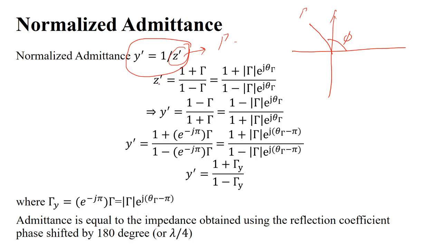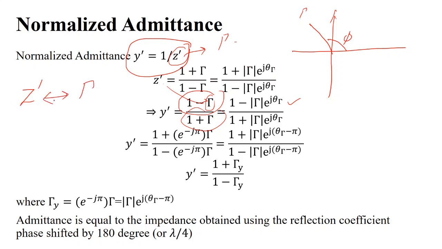Now to get the admittance, what do you do? You invert the Z, you will get this. Now to get a minus here, you just have to change the phase. You just change minus to positive. So using this expression, the gamma is given here. Now this gamma is not of y. This gamma is related to z. So you have z dash with this gamma.